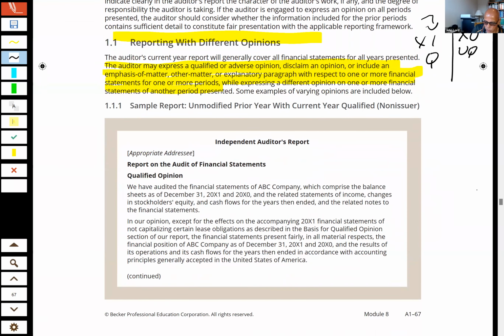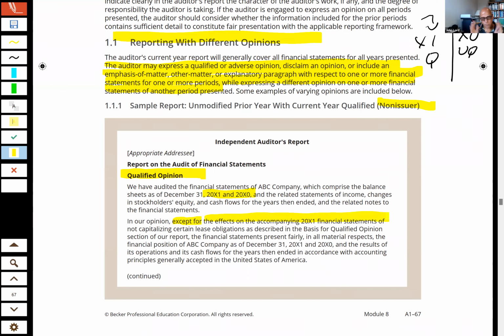The reason I use X1 and X0, and I meant to do that before, is when you look at the audit report, if we're dealing with a non-issuer, we would put the heading, instead of our opinion, we would call it qualified opinion. And we mention both years, but when we talk about the except for, notice that the except for calls out the problem with what year?